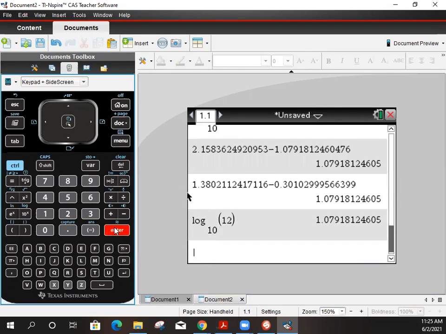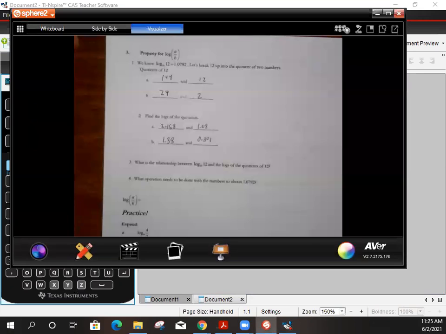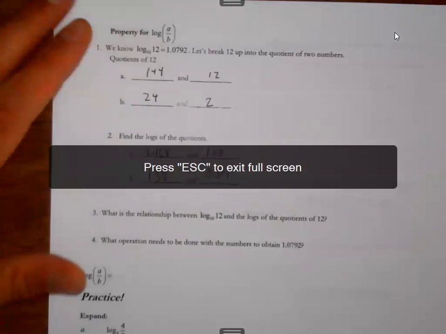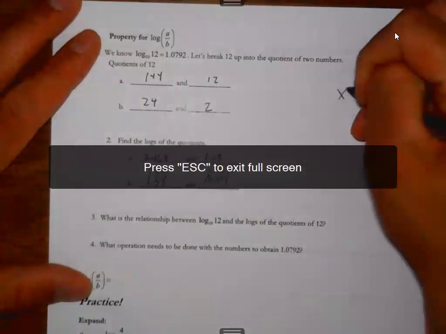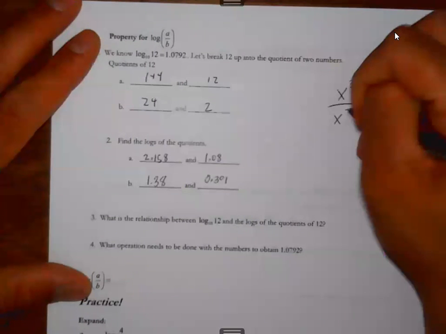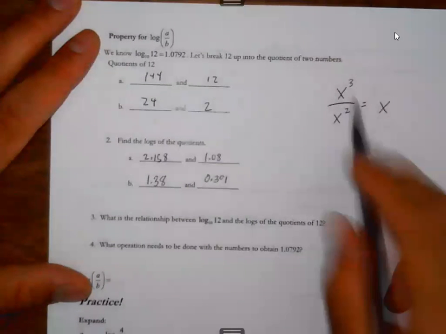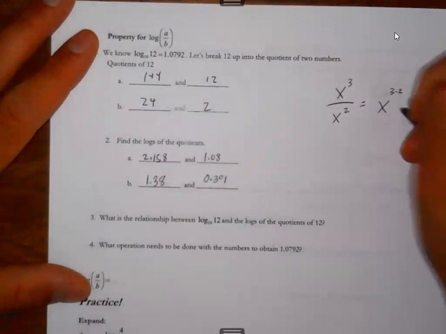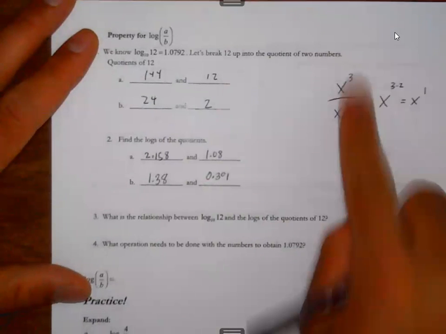All right, so just like with exponents, when you divide two numbers with exponents, you subtract the exponents. So like if you took x to the third over x squared, and we want to condense this to have one base, because right now it has two bases, you subtract their exponents. 3 minus 2 is 1.